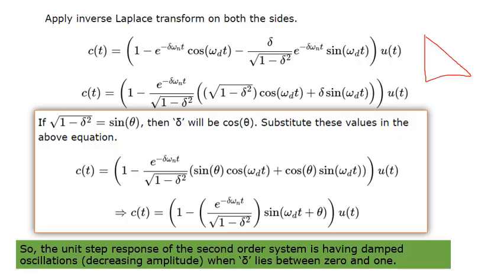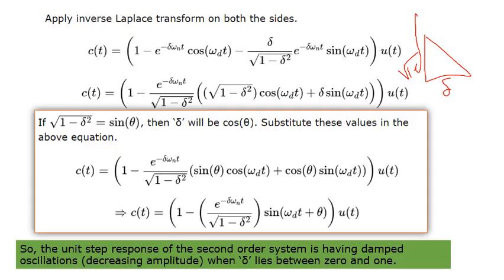Zeta will be cos theta, adjacent by hypotenuse. So this will be zeta. So this will be square root of 1 minus zeta square. So hypotenuse will be equal to 1. Sin theta is square root of 1 minus zeta square divided by hypotenuse 1. And cos theta is zeta divided by hypotenuse 1.